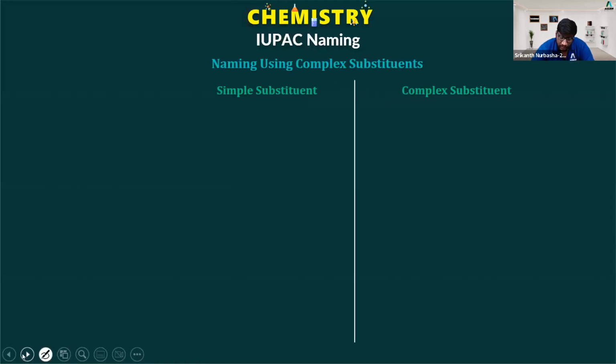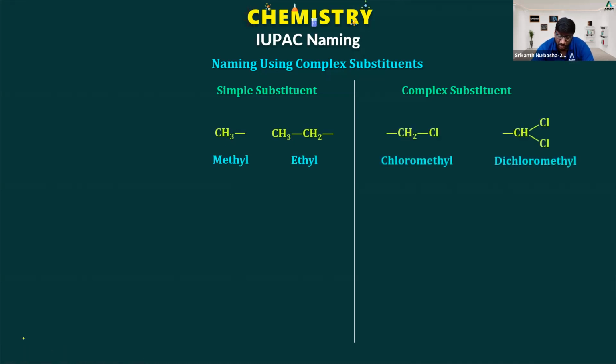Very good. Naming using complex substituents. Whenever you have simple substituents and complex substituents, how can you give the name? Simple substituent means CH3, methyl; CH3CH2, ethyl; CH2Cl is chloromethyl; CHCl2 is dichloromethyl; OH is hydroxy, CN is cyano.